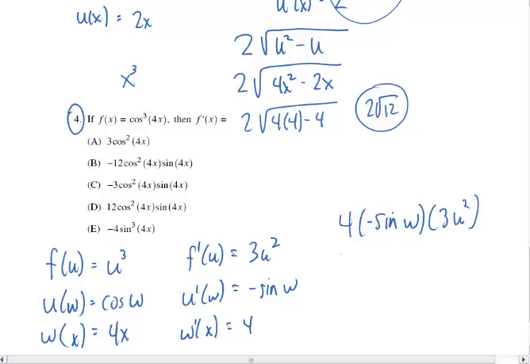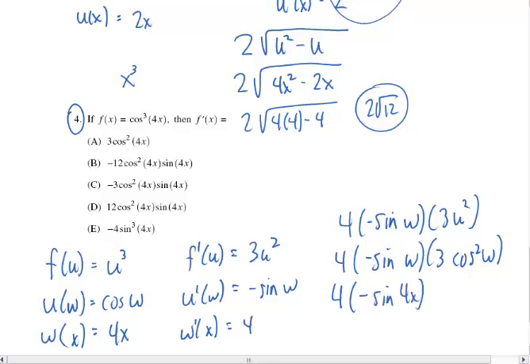Back substitute, so first I'll put the u's in, which will be negative sine w, 3, the u squared was cosine of w, so that's cosine squared of w, and then now I'll substitute back in the w's, and that w was 4x, so I've got negative sine of 4x, and I've got 3 cosine squared of 4x.